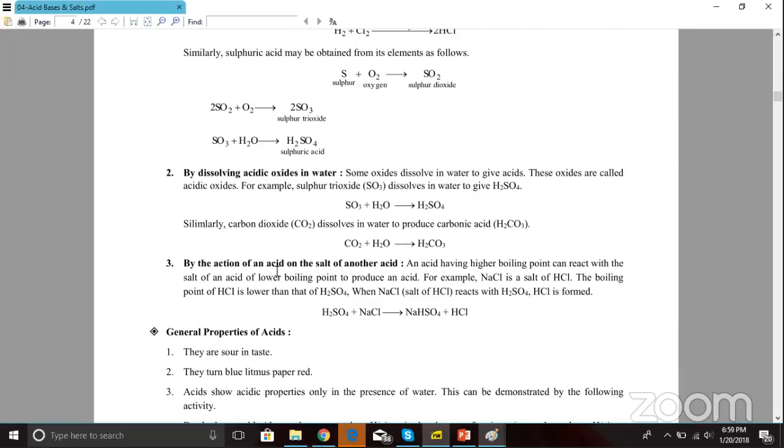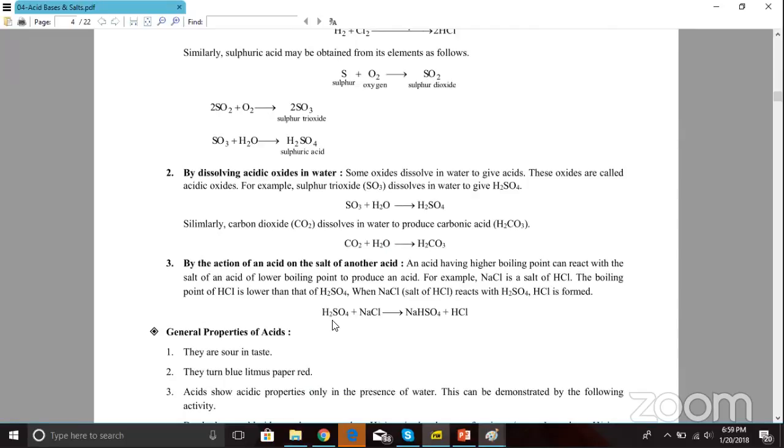Then by the action of an acid on the salt of another acid. For example, now I would like to prepare HCl. I am taking one acid, H2SO4, and the salt, since I would like to prepare HCl, I have to take Cl in common and one metal in that. So the salt we have to take.